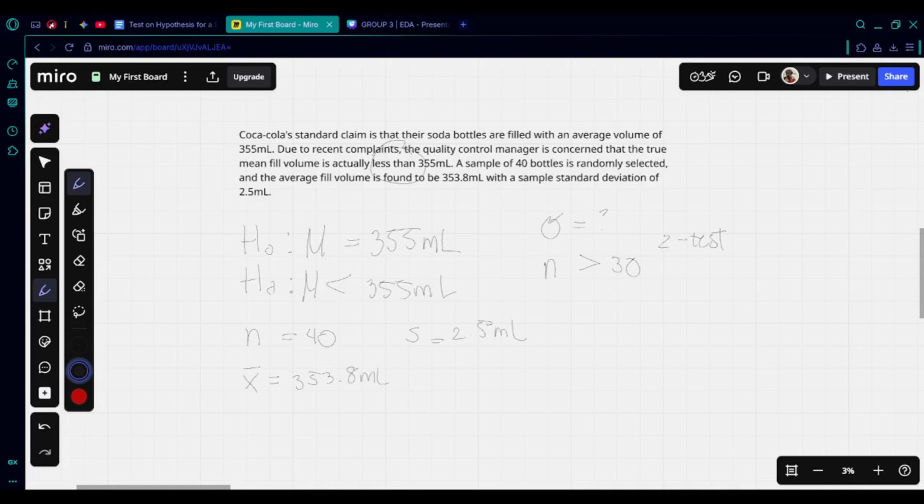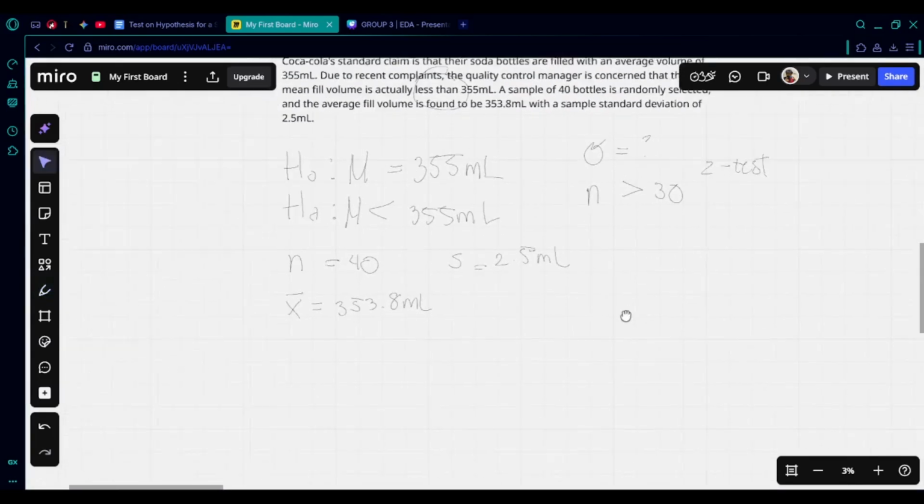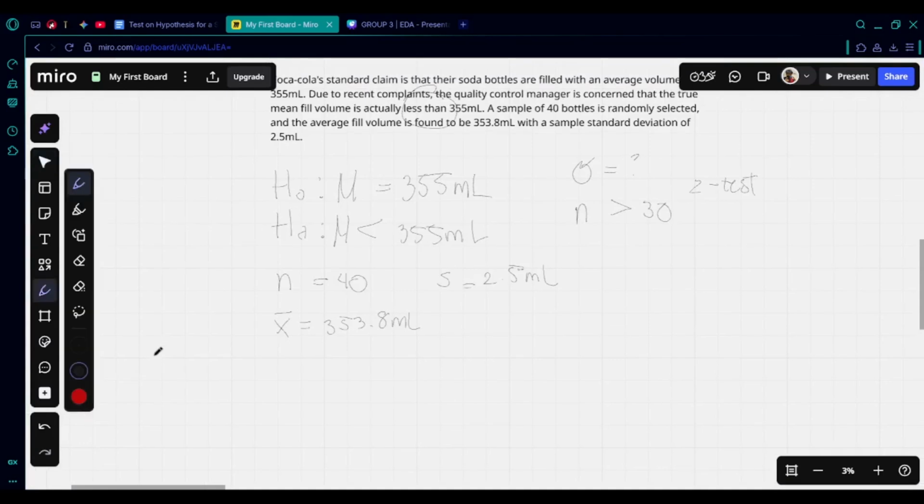So, alam na natin ngayon na z-test yung gagamitin natin. Based on what we listed, we have already achieved the first step and the second step.